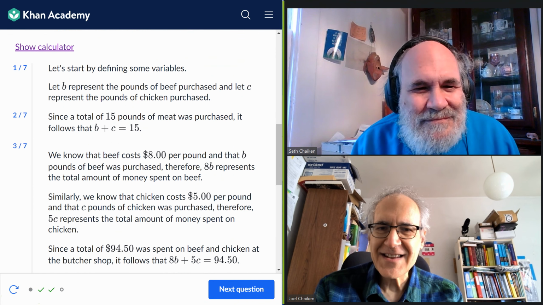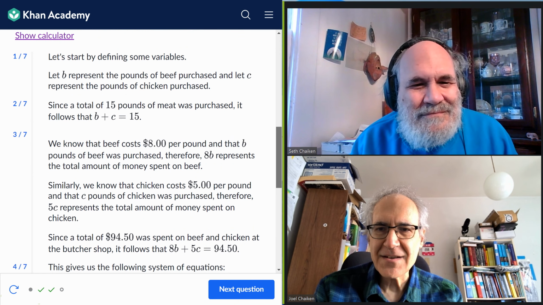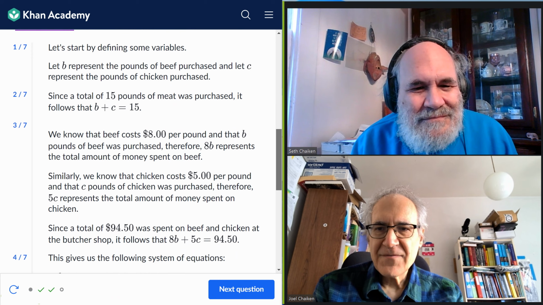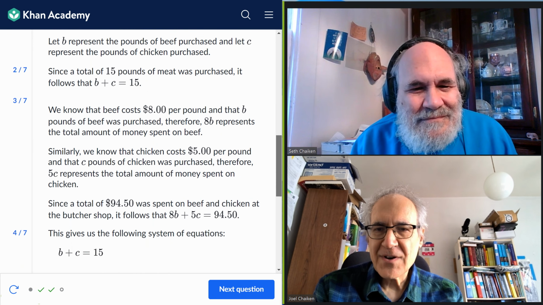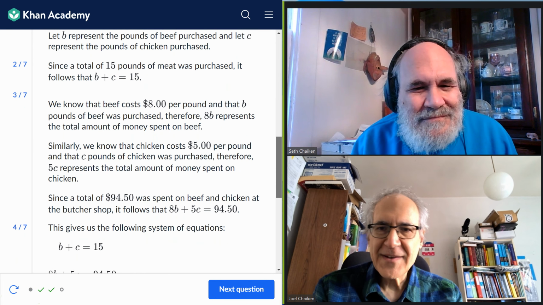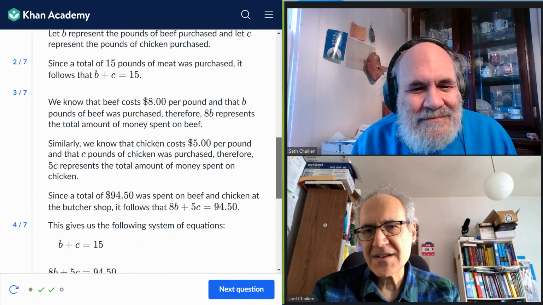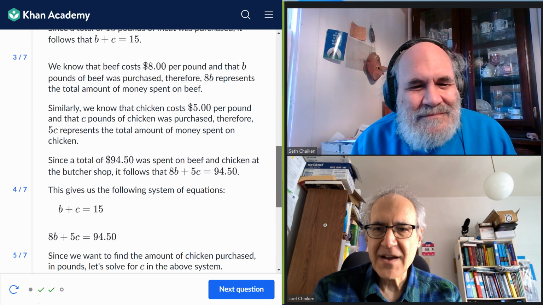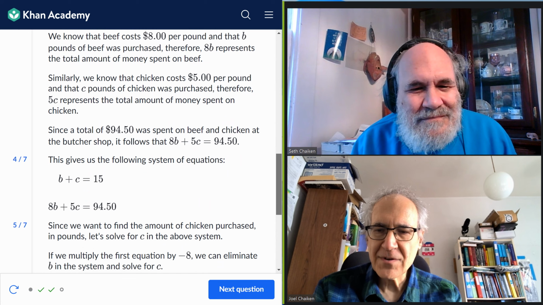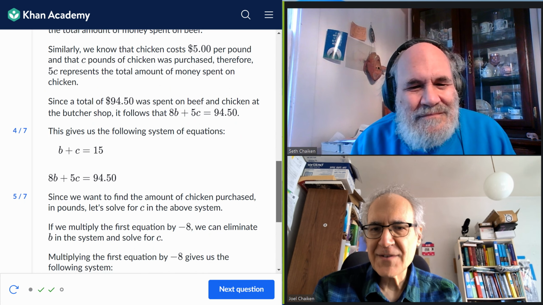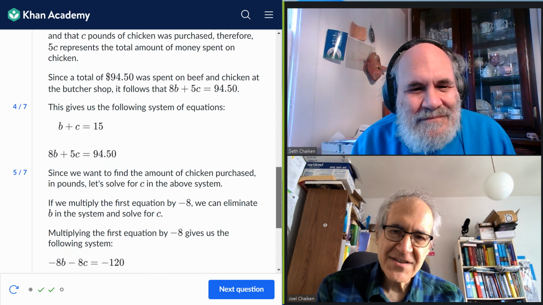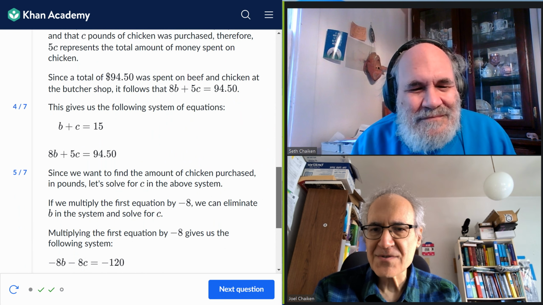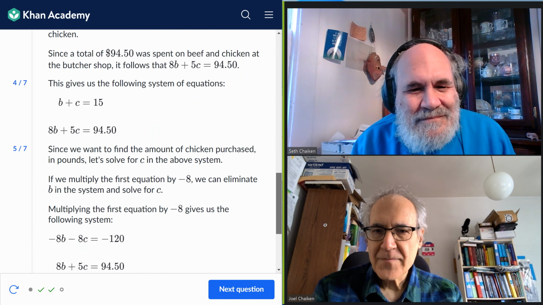Now, look at this. They did exactly what you did, B and C. Therefore, they're 120. Now, we know beef costs $8 a pound, and B is represented. Therefore, 8B is the money. Similarly, right? So that's what we wrote. The same thing. Since we want to find the chicken, we're going to solve for C. So very standard. And they're using the elimination method.